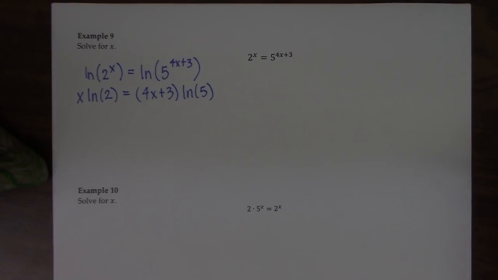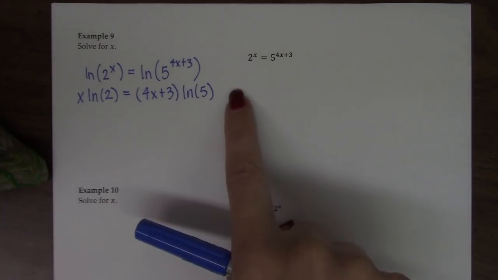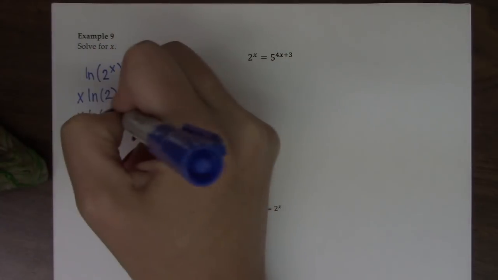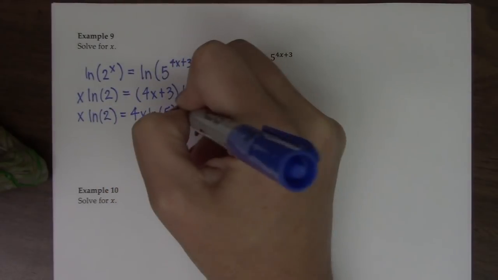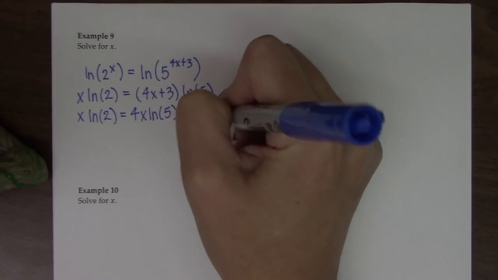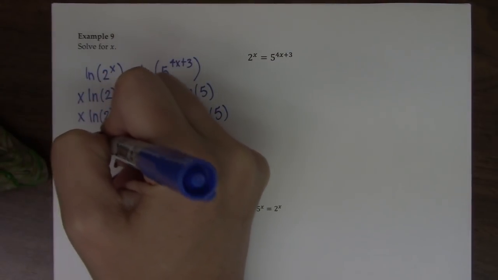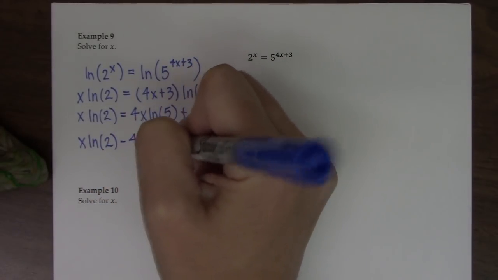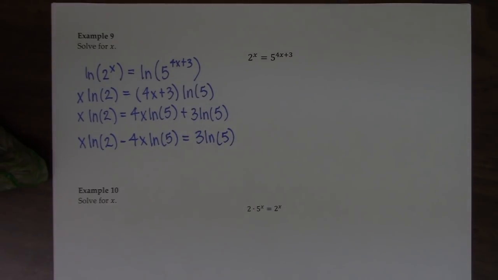Then it's just algebra from here to solve for x, but in order to get this x out from inside these parentheses, I need to actually distribute this natural log of 5. So x natural log of 2 equals 4x natural log of 5 plus 3 natural log of 5. We're going to put everything with an x on one side of the equation, so I'm just going to move it all to the left and leave everything else without an x on the right.